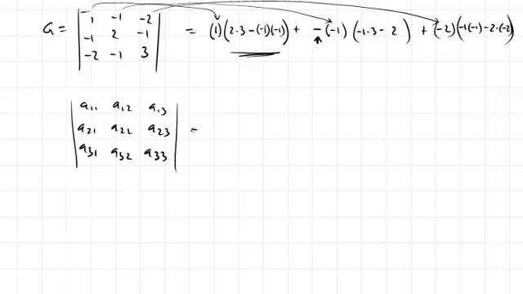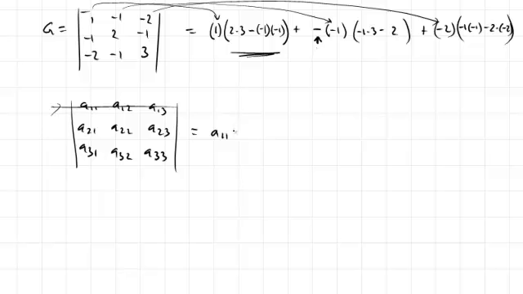The determinant of this is A11, if I'm going across the top this way. The reason I say this is that you can also calculate this by going down a column, and you can actually go across any row or any column, but I just always pick the top row.